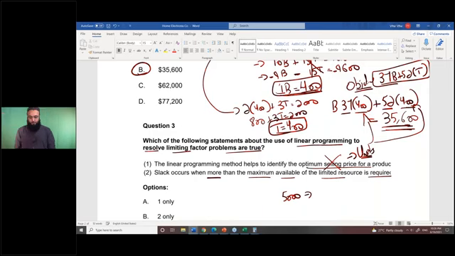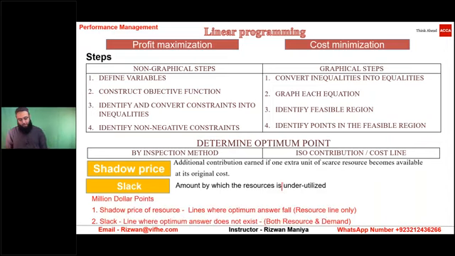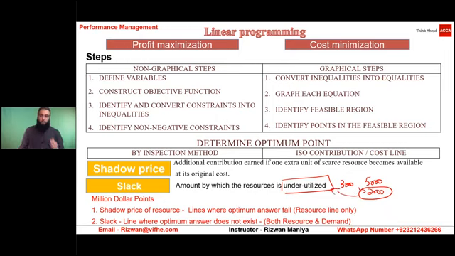above the maximum? Let's go back to our notes, and we have a slack definition: amount by which resource is underutilized. Underutilized means what? That if you have 5,000 and if you have used 3,000, so 2,000 is what you have left. 2,000 is your underutilization.